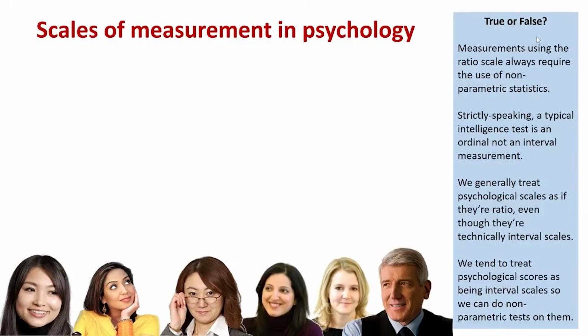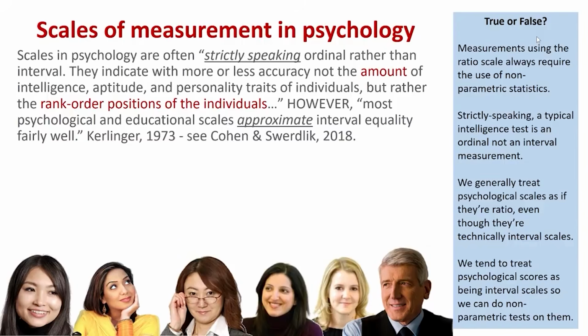So, we've talked about scales of measurement in lots of different disciplines. Let's talk about scales of measurement specifically in psychology. Generally speaking, scales in psychology are often, strictly speaking, ordinal rather than interval.